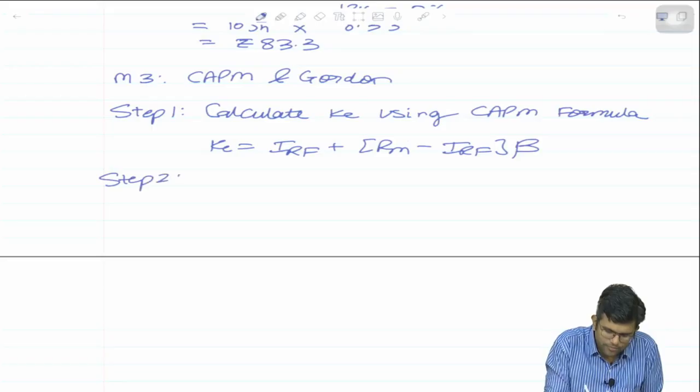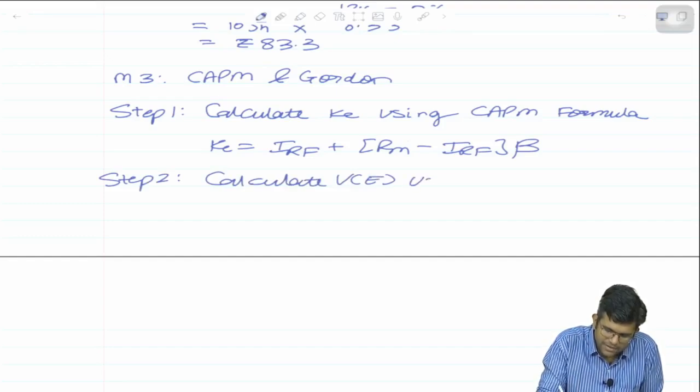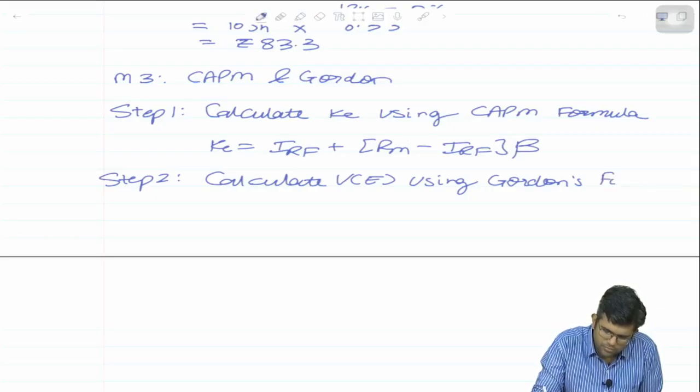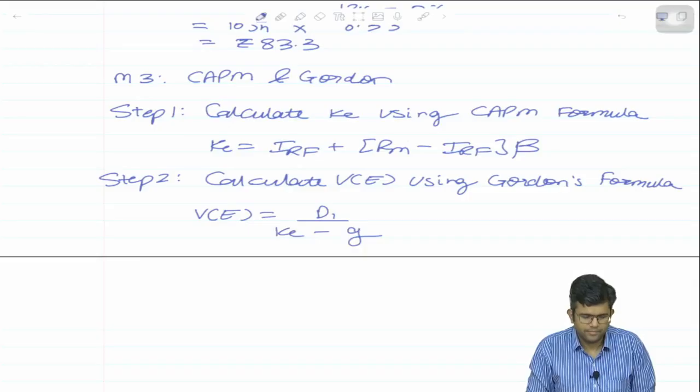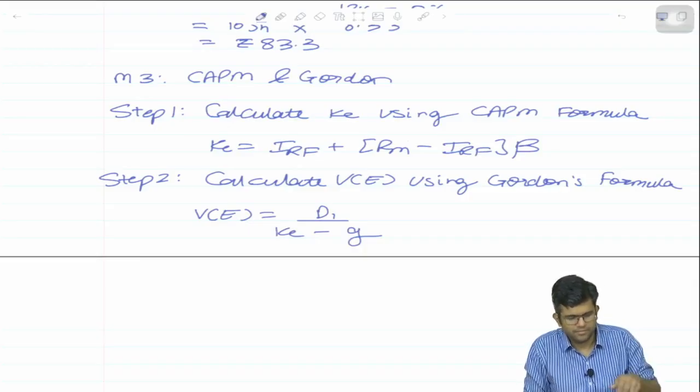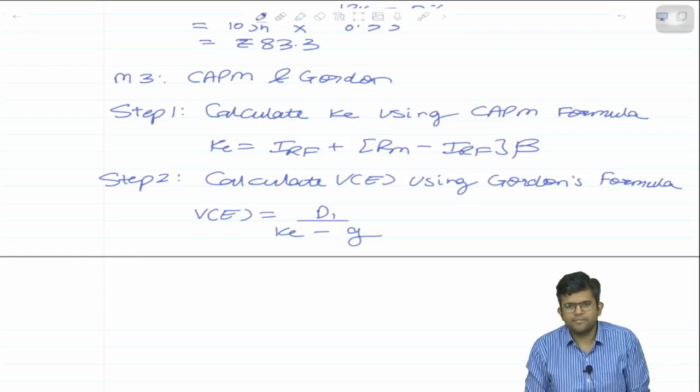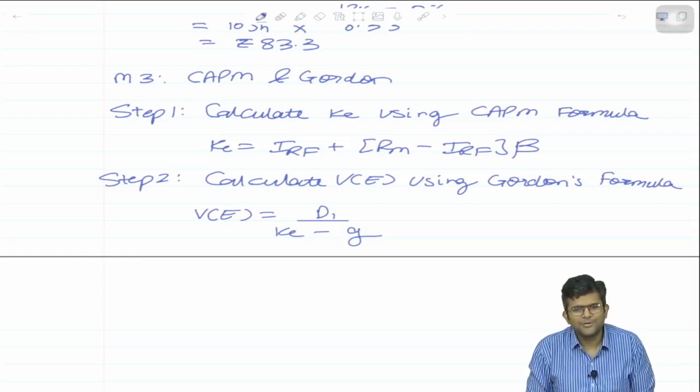Step 2. Calculate V bracket E using Gordon's formula. V bracket E is equal to D1 upon K minus G. Understood what is to be done?